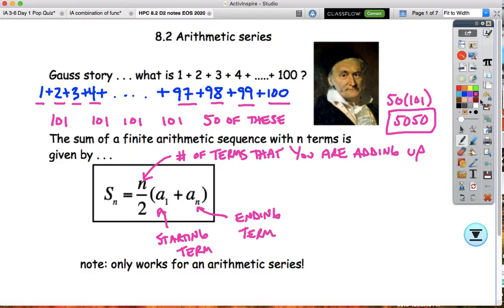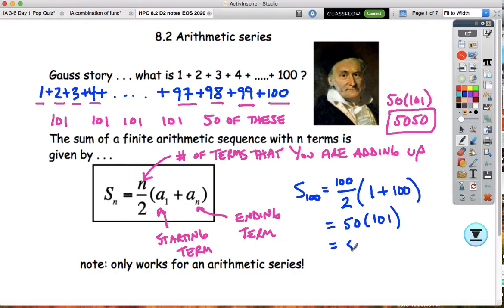So in this case, we had 100 numbers that we were adding up. So we were finding the sum of 100 numbers. So n would be 100. The starting term was a 1. And the ending term was 100. So if you simplify this down, we will have 50 times 101, and that's exactly how he did it, 5,050.